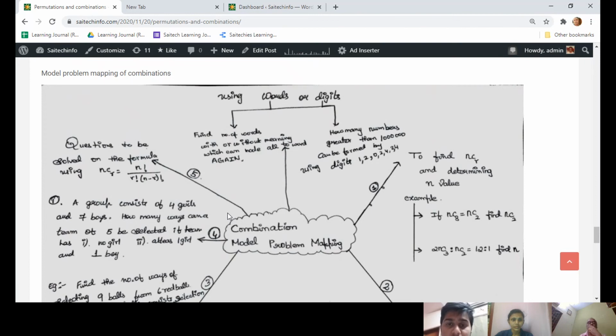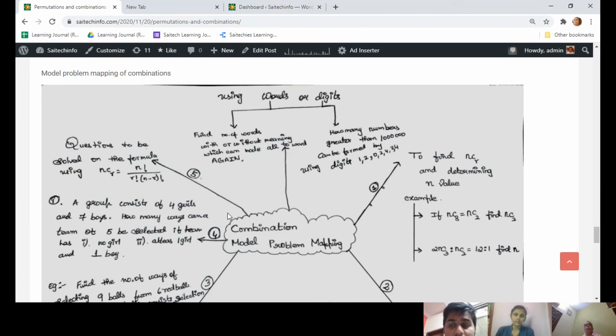The 6th point is that the questions are mostly in the form of words or digits. An example for word questions is: find the number of words, with or without meaning, which can be made from a given word.